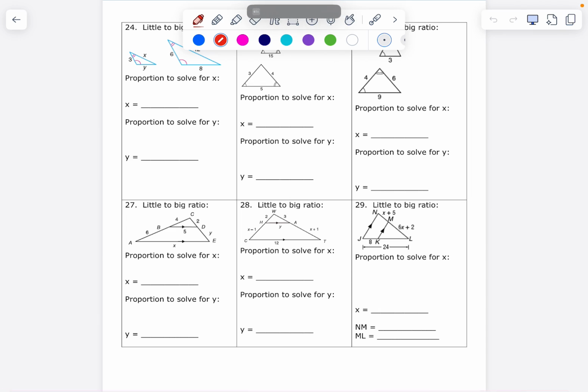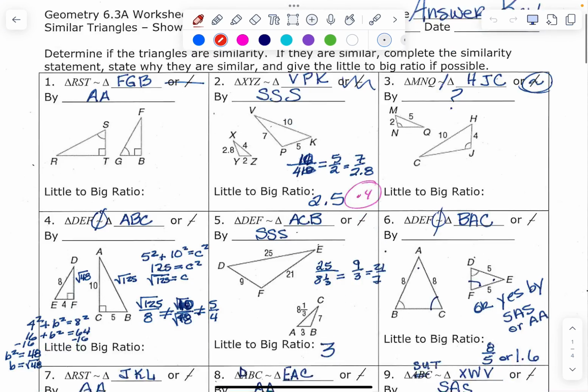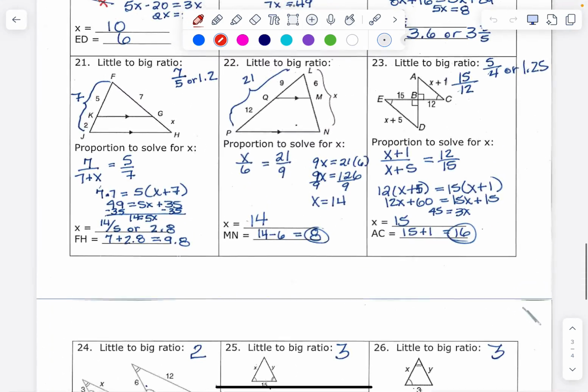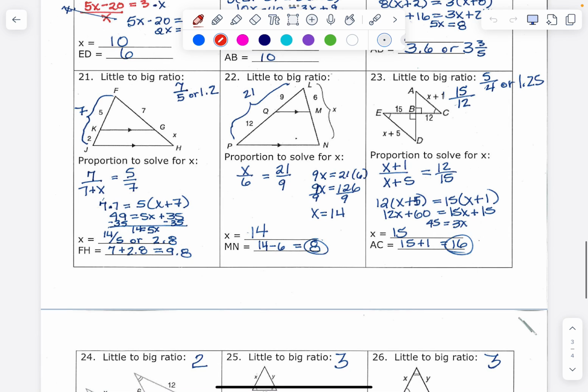Just check answers. Any that were weird? Okay. Now we got 4 guys. So 21, again, fractions or decimals is fine.